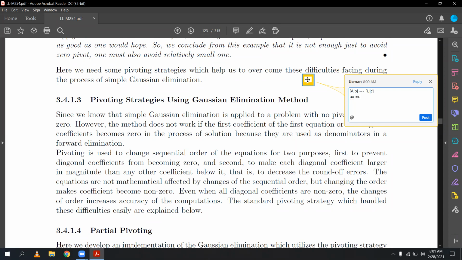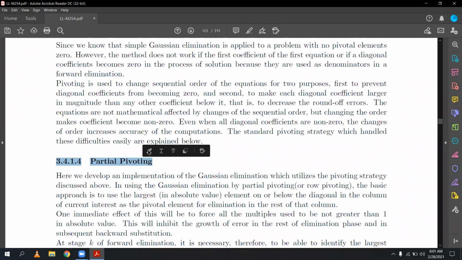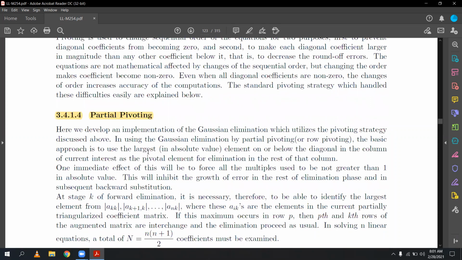So for this, we use a second variation of the Gauss elimination, which we call partial pivoting. In partial pivoting, it is the same idea, the only thing is that we have to choose our diagonal element ourselves.